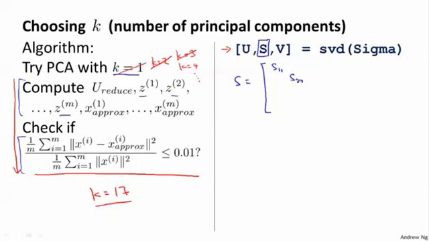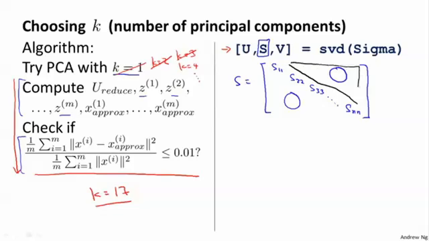Its diagonal entries S11, S22, S33, down to Snn are going to be the only non-zero elements of this matrix, and everything off the diagonal is going to be 0. Okay, so those big O's that I'm drawing mean that everything off the diagonal of this matrix is going to be zeros.